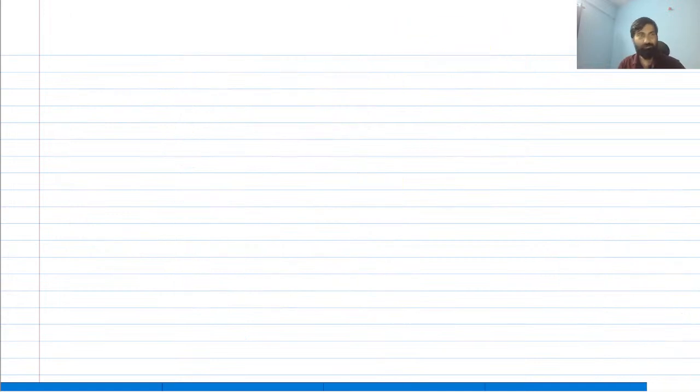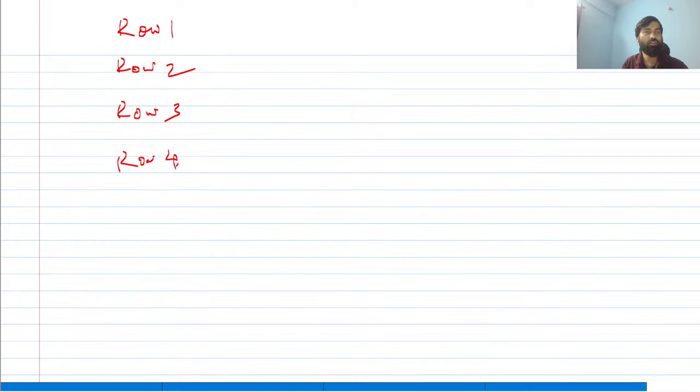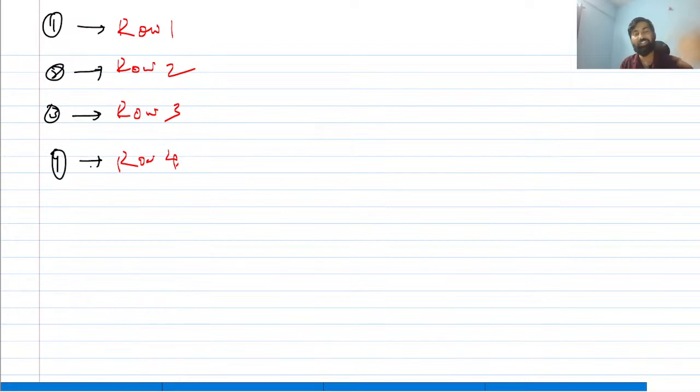Suppose there is row 1, row 2, row 3 and row 4. As I said, this is the first equation, second equation, third equation, fourth equation, because from a system of linear equations only you will get the matrix.